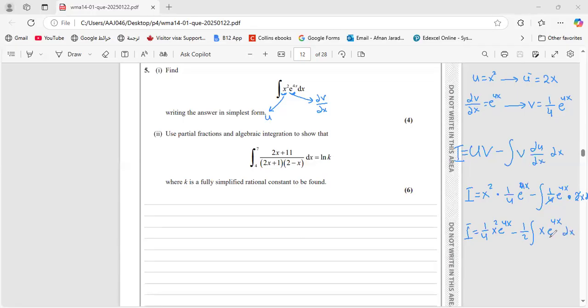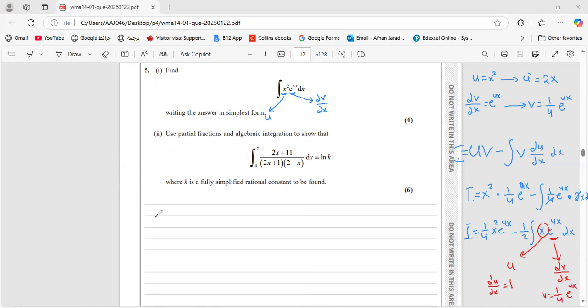Now, x multiplied by e to the power of 4x, so by parts again. x here is u and e to the power of 4x is dv over dx. u equals x, so du over dx equals 1, and dv over dx equals e to the power of 4x, so when you integrate it, v will be 1 over 4 e to the power of 4x.